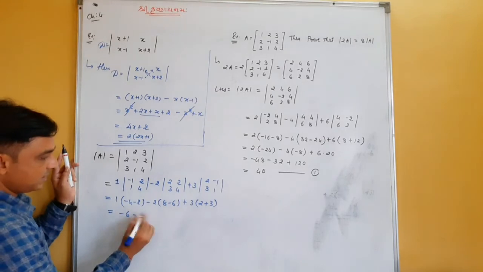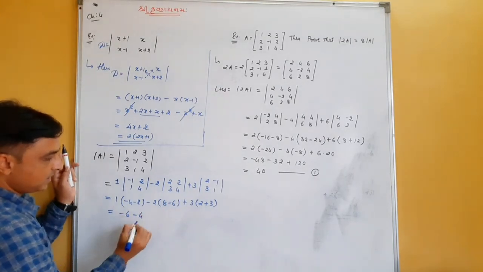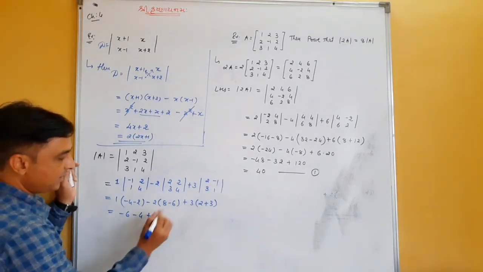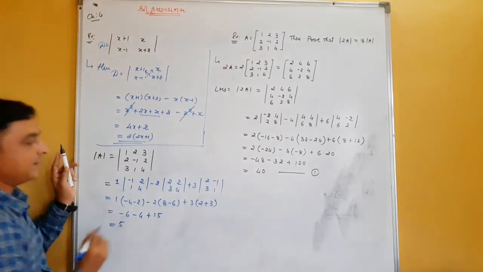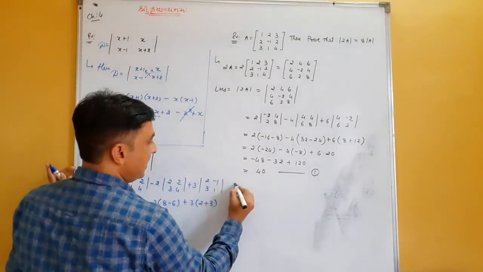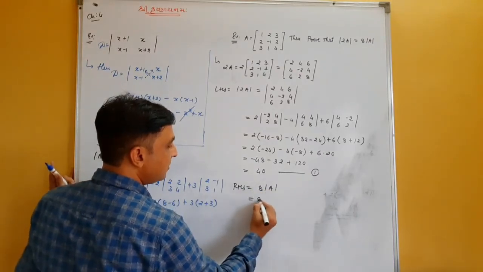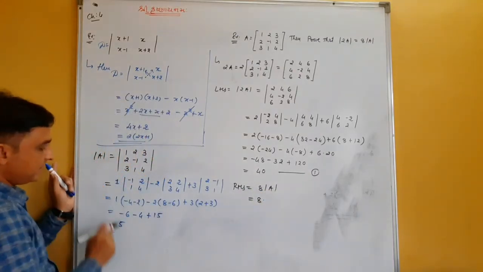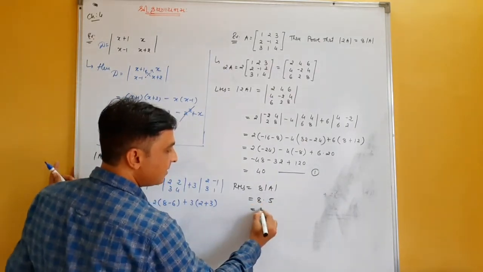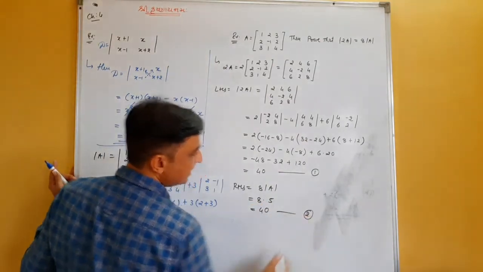That is minus 6, minus 4, plus 15, which is 5. Now the right hand side equals 8 times the determinant of A, 8 into 5, so 40. So this is 2.